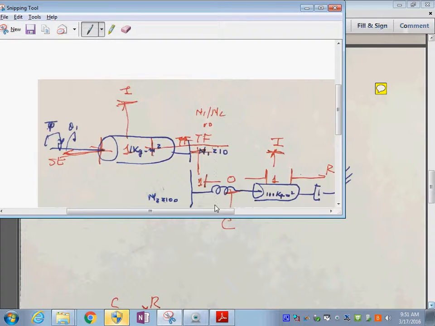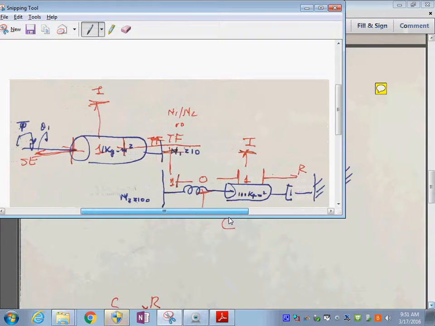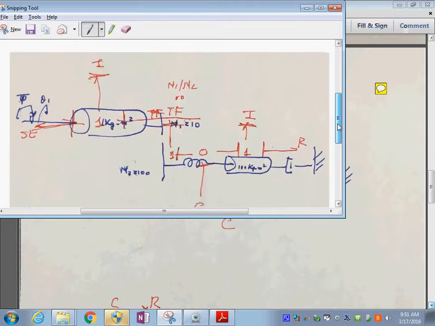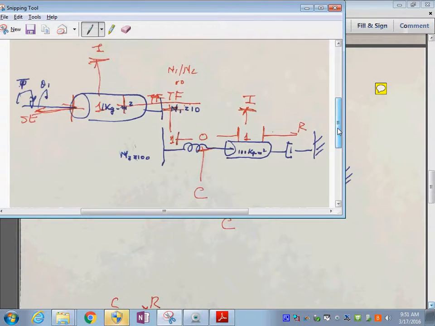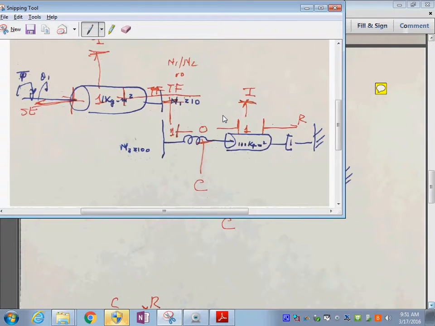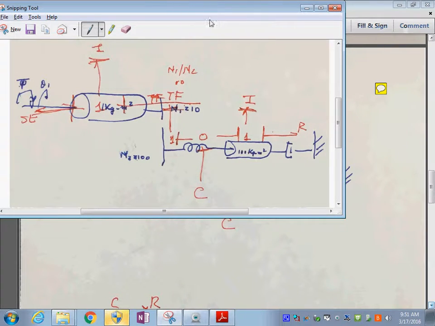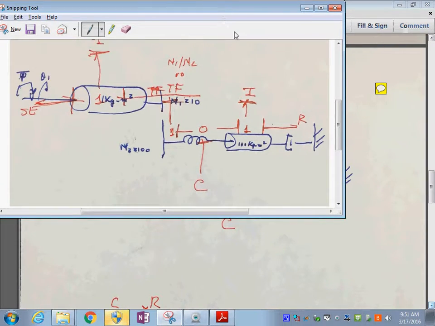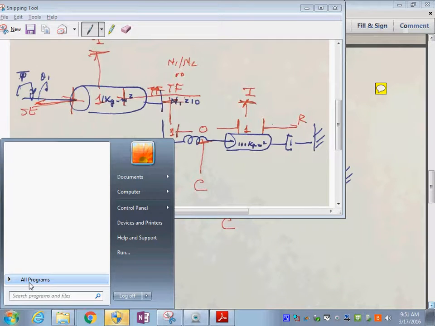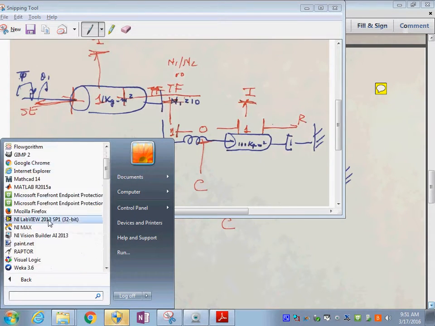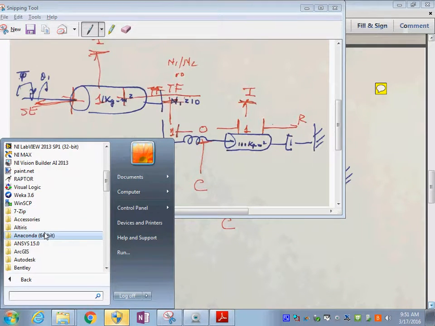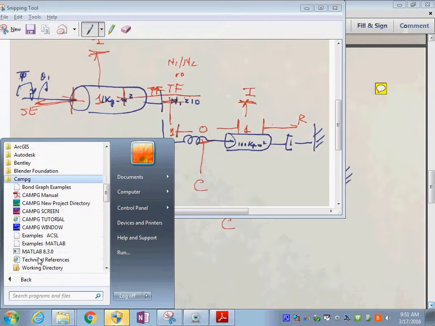Looking at my picture, at this point I need to define the input, on this side over here on the left.